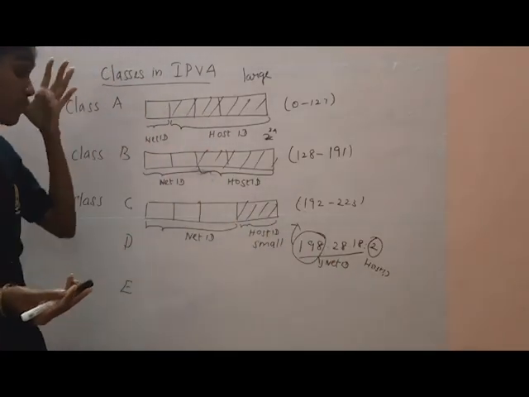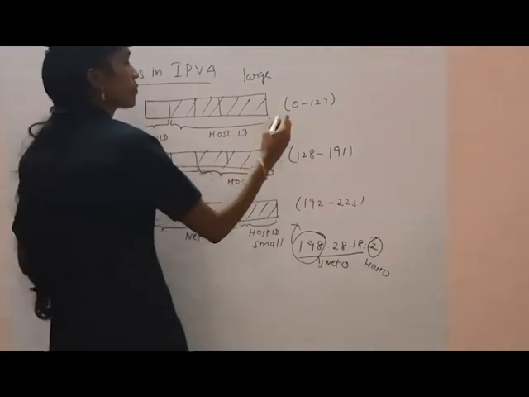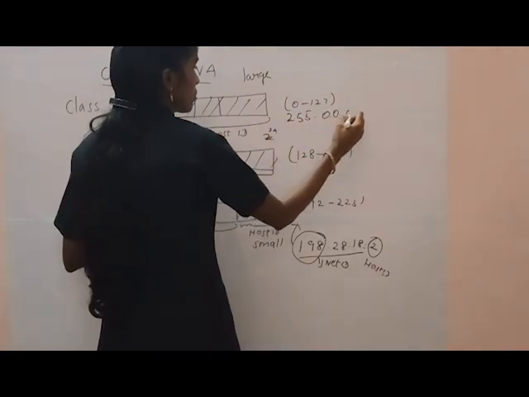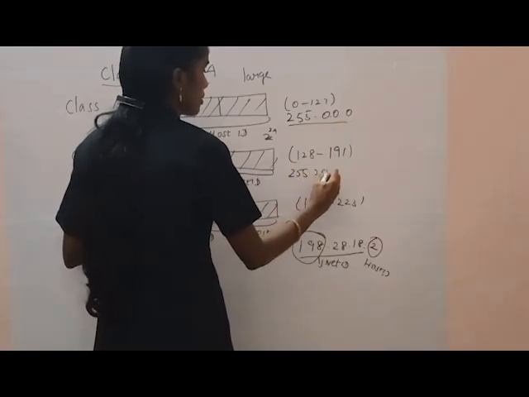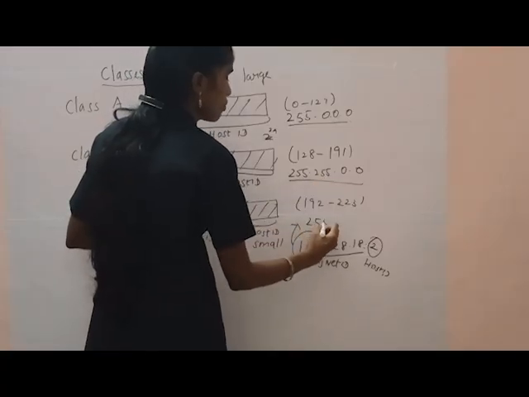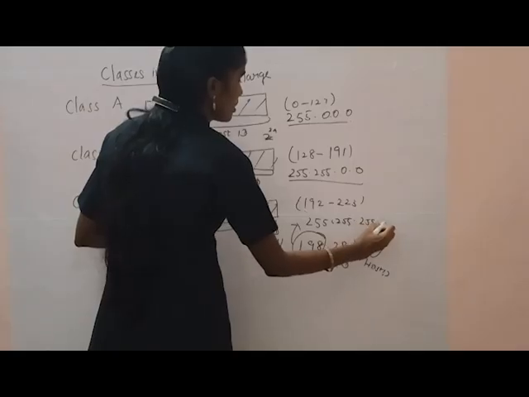And instead of finding it like this, we can use another term called subnet. The subnet for this is 255.0.0.0, and for this one is 255.255.0.0, and for this one is 255.255.255.0.